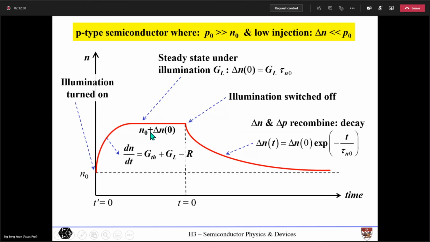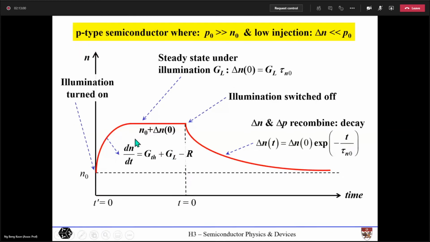Now in the case of optical illumination, at the instant when you add the optical illumination, you have the generation rate larger than the recombination, and you have a net increase in the carriers. That's why the concentration here increases.